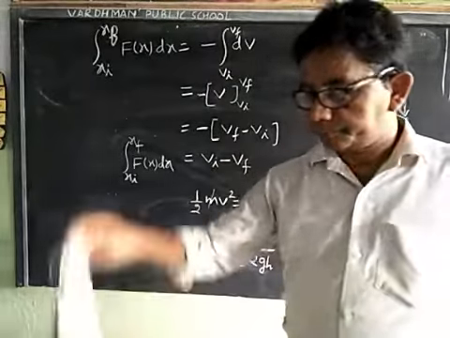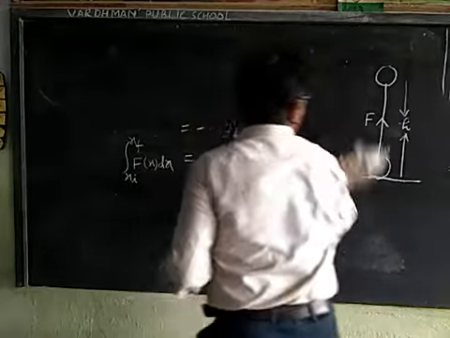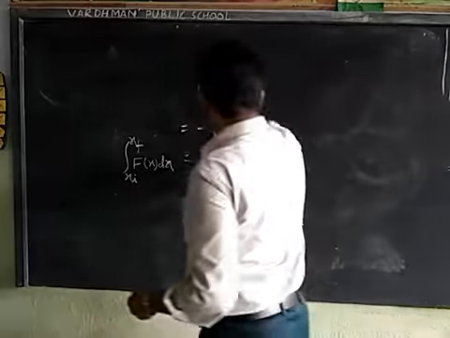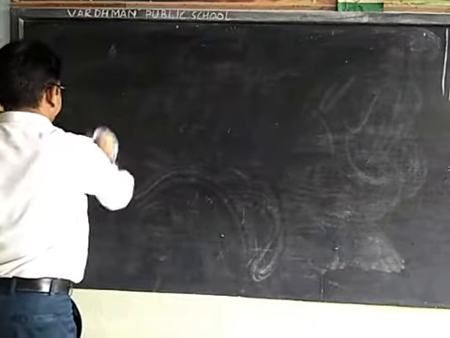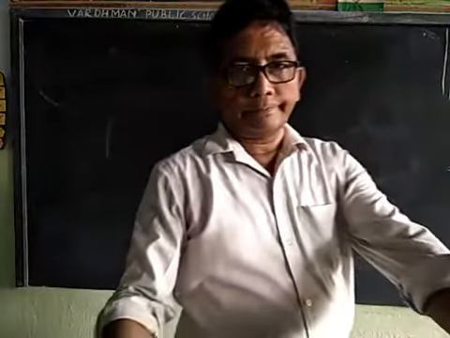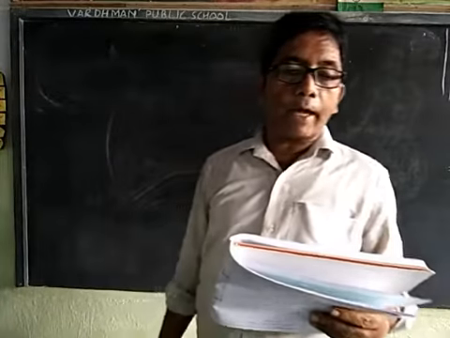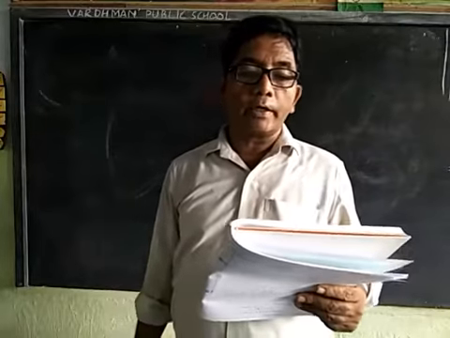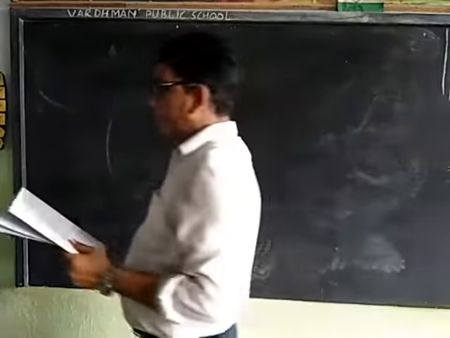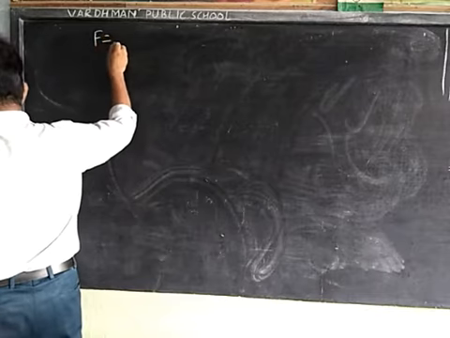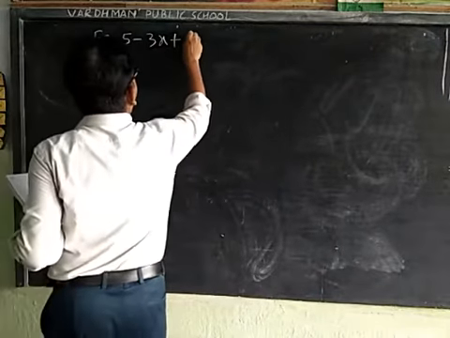Our first numerical, let us discuss. A particle moves along x-axis from x is equal to 0 to x is equal to 4 meter under the influence of force given by F is equal to 5 minus 3x plus 2x square.